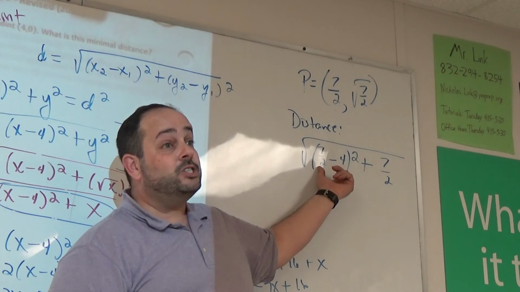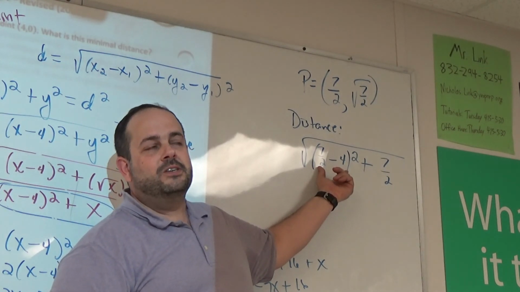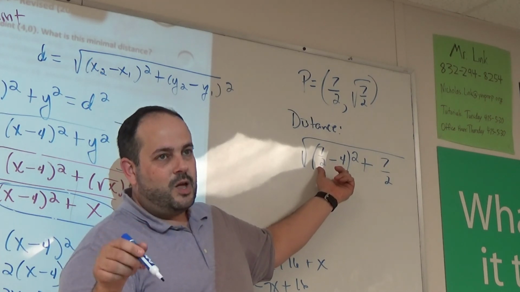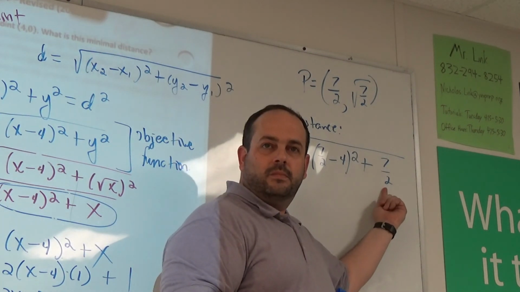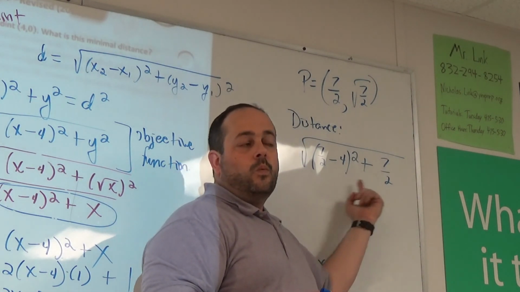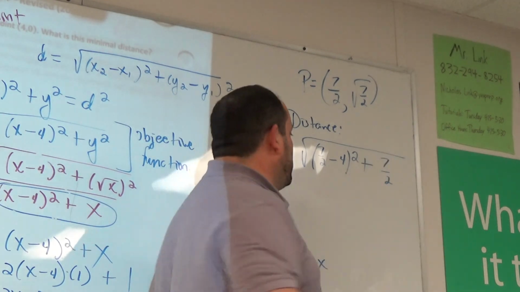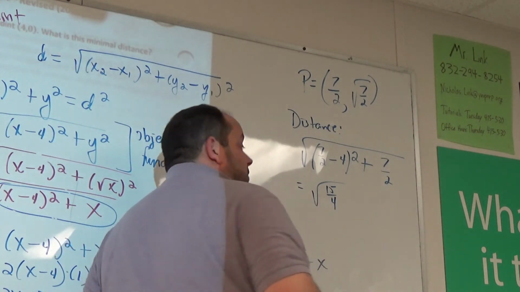Negative a half, square it the right way. Negative a half times negative a half is 1/4. 1/4 plus 7 halves is 1/4 plus 14/4, so 15 over 4. This must be the distance: square root of 15 over 4.